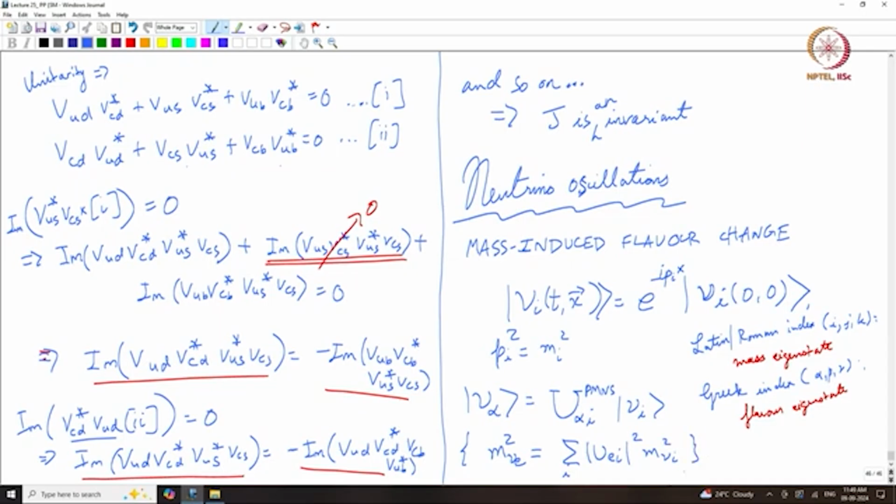What is this? This is the sum of the mass basis masses, summed over, weighted by the PMNS matrix elements. So, this I just get from the inner product, and then that is going to give me the squared mass of the electron neutrino in the Lagrangian.